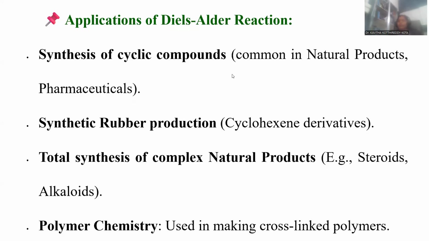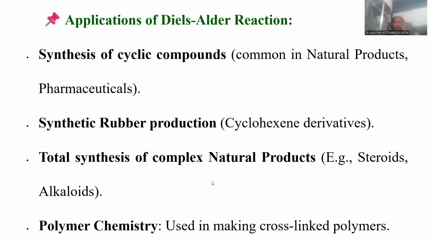Cyclic compounds are generated by this process, cyclizing the diene with dienophile molecules, so that many natural products, and pharmaceuticals like potential drug candidates, are generated by means of this reaction. Synthetic rubbers are manufactured by this, Buna and thiokol rubber, everything will be there, right? Cyclohexene-related derivatives can be synthesized which have synthetic rubber properties. Total synthesis of complex natural products like steroids, and alkaloids, is also done by means of this Diels-Alder reaction. Examples we already noticed.